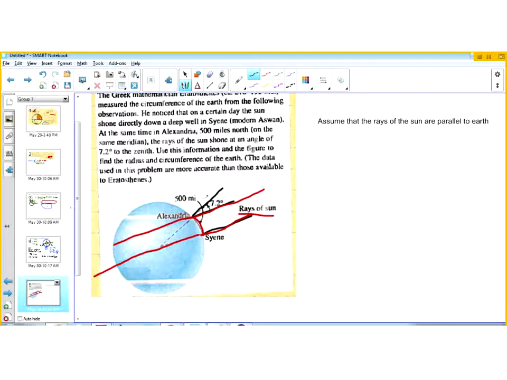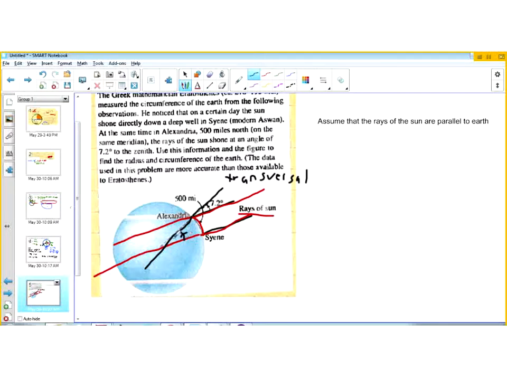Now it turns out from geometry that if you have a line that cuts through two parallel lines like this, this black line is called a transversal. And there's a theorem called alternate interior angles.